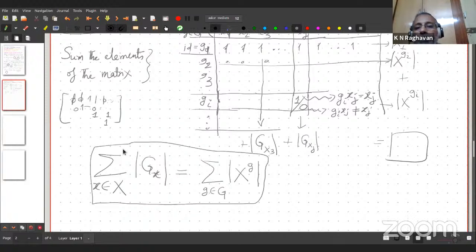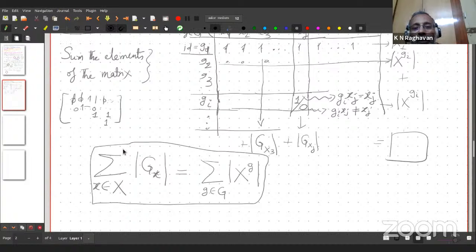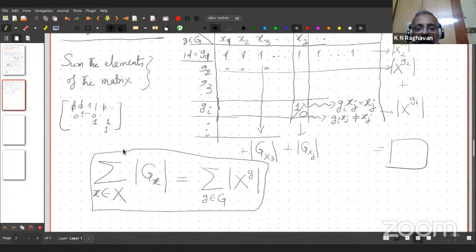Do you agree? It's a beautiful way, no? See, this is a very simple idea. You make a matrix of zeros and ones, which has some meaning because the row sums have some meaning, the column sums have some meaning, and you just use the obvious idea that the row sums must be equal to the column sums.